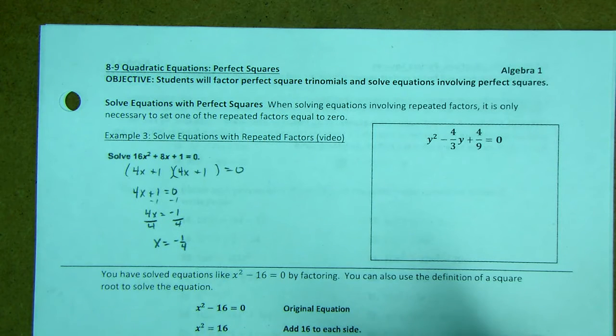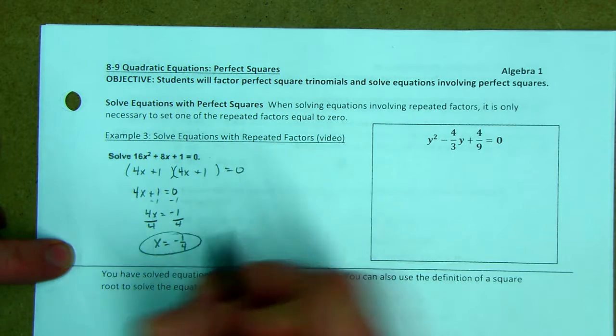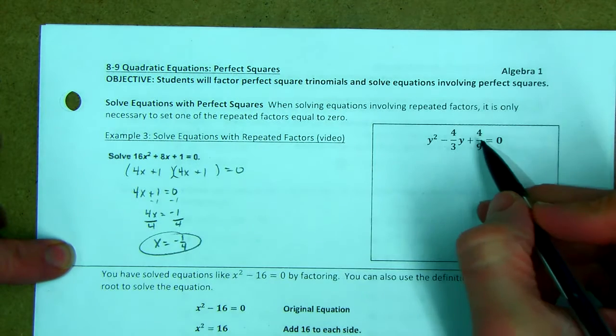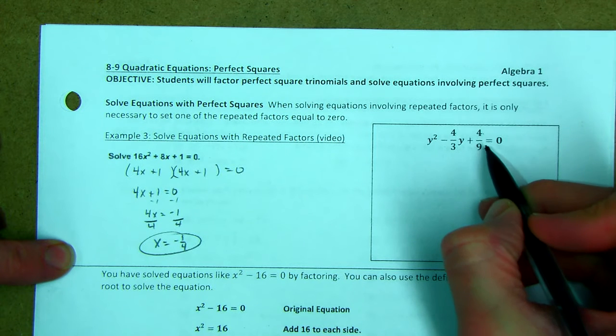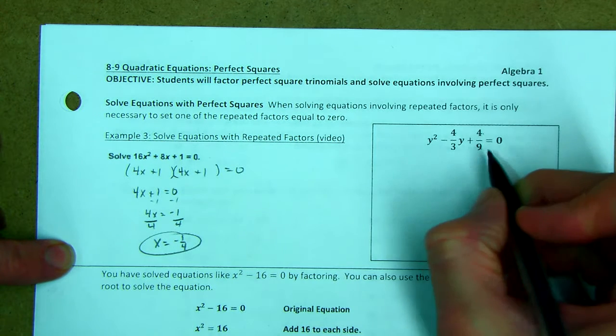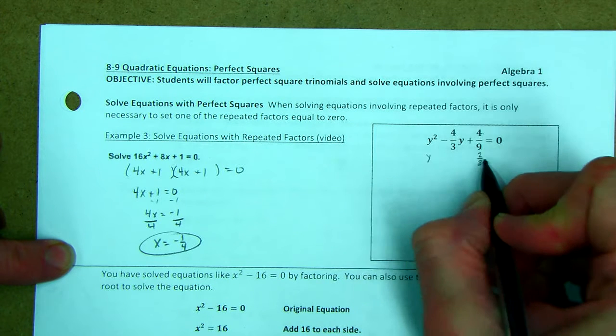Okay, now let's try this one. Same thing. It looks like a perfect square. I know it's got a fraction in there, but remember, 4 is a perfect square, 9 is a perfect square. Square root of that would be 2/3. And y? Well, 2/3 y and 2/3 y would be 4/3. So adding fractions is a little bit different. It is a perfect square.